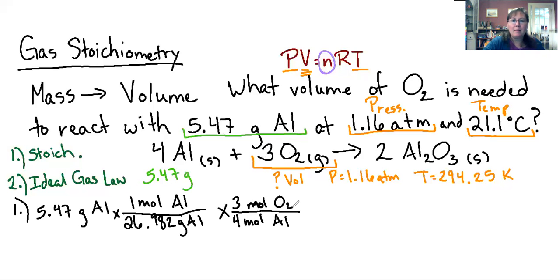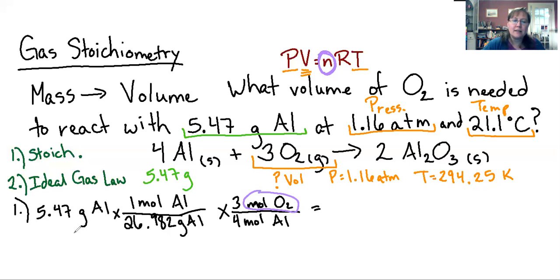But you see, remember, we need n. We're looking for n. And n is going to be moles of O2. And what that means is that this is where we're going to stop our stoichiometry, okay? And we can have 3 significant figures. So we say 5.47 divided by 26.982 equals, and then we multiply that by 3 and divide it by 4.